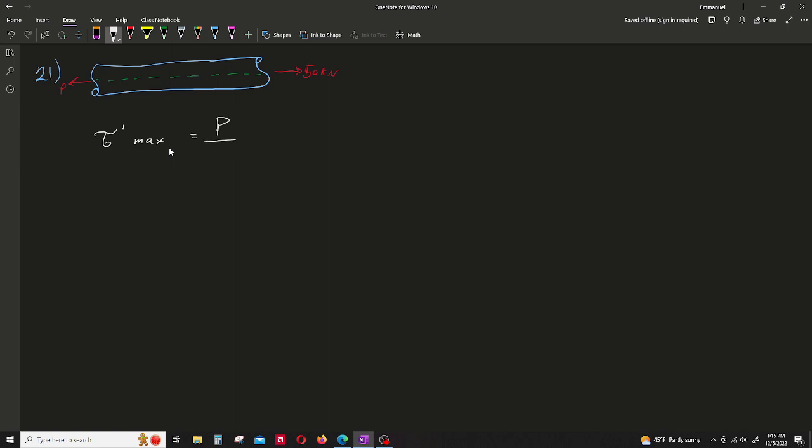That's going to be P over 2A, which is equal to 50,000 divided by 2A, A being 50 by 75. And so therefore we get 6.67 megapascals.